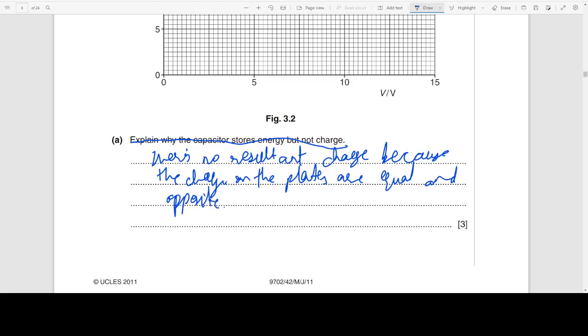But there is charge separation and energy is stored.